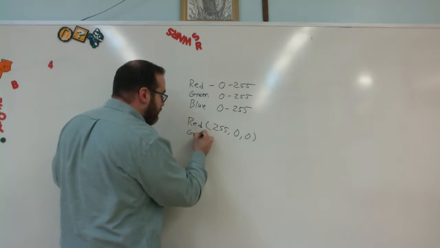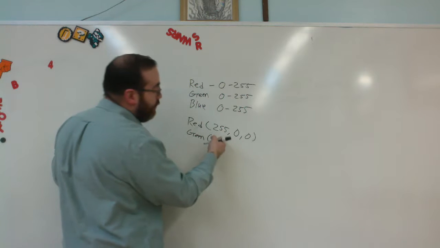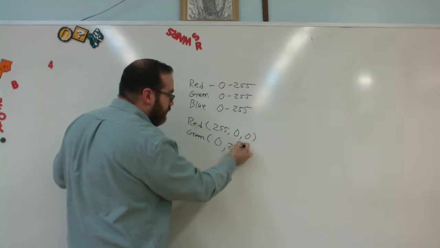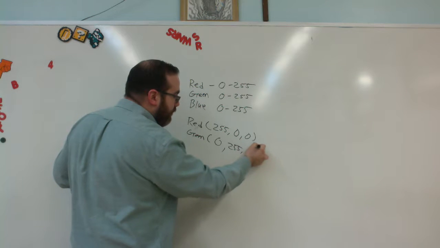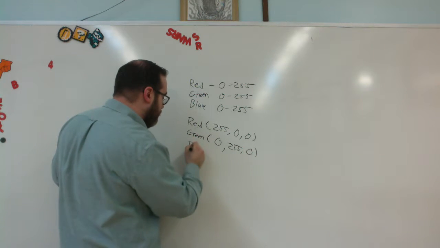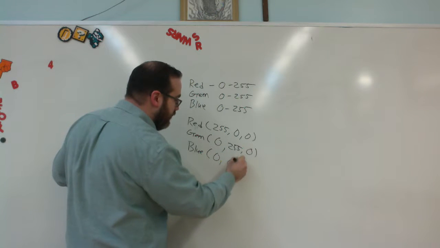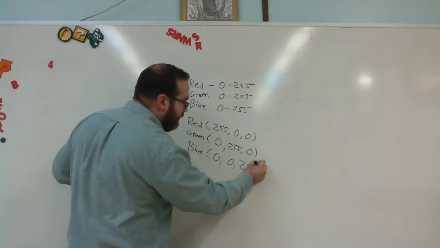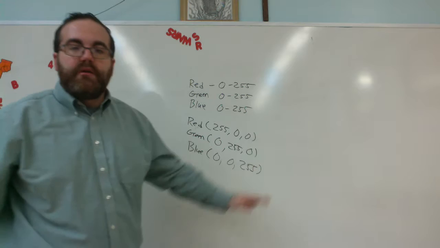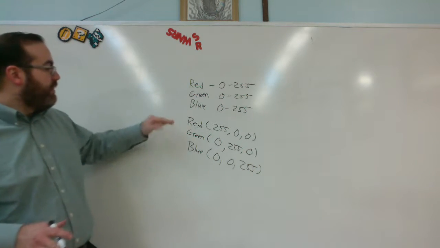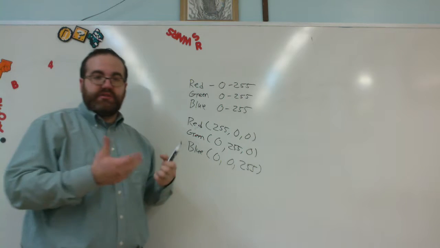If it was green, then the red would be set to 0 and our green number would be turned all the way up with no blue. And likewise with blue, 0, 0, and then 255. So, for your three basic colors for a screen, that's how the numbers work.